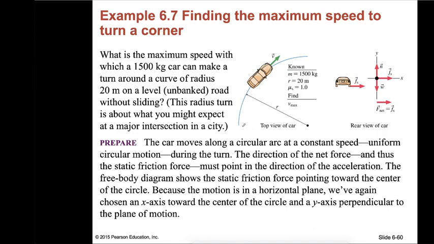Okay, now let's see. We want to calculate what's the maximum speed. So what's the speed, which is v. We want to calculate v, and we have a mass of the car and a radius of the turn or the circular motion.